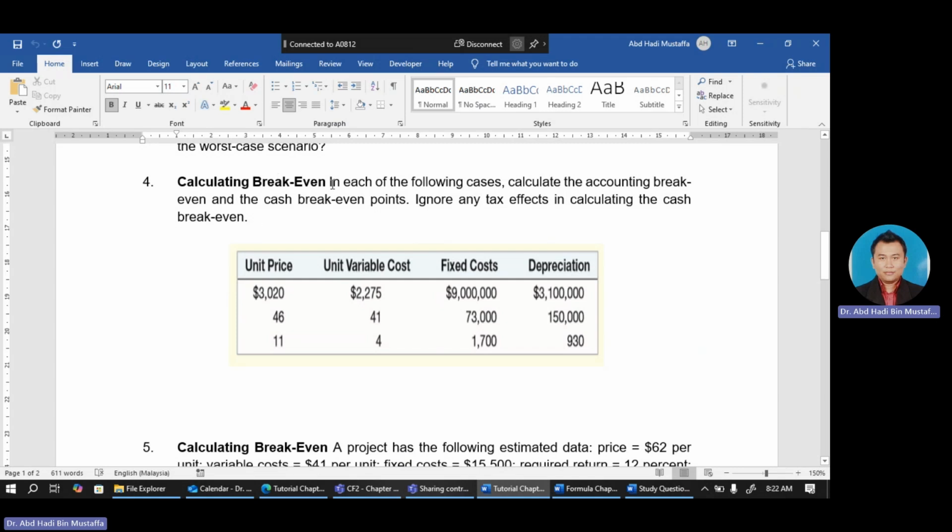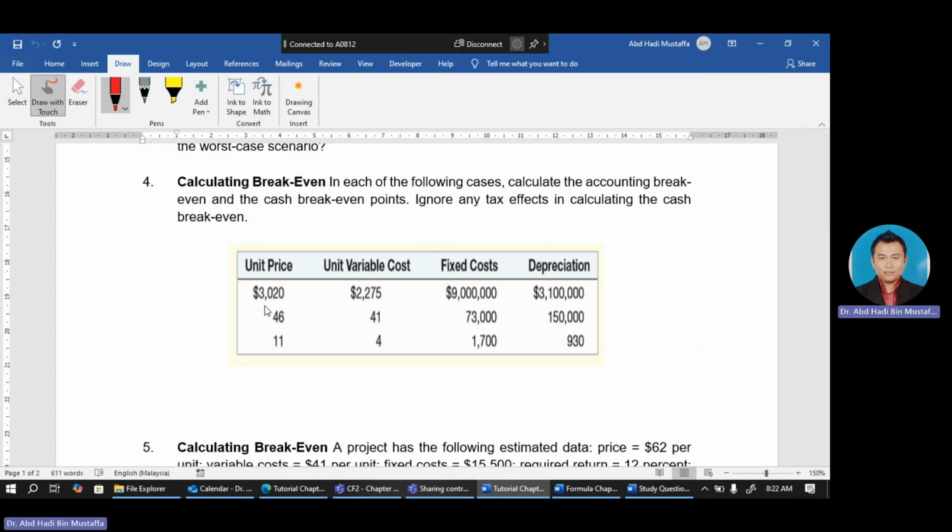Okay, calculating break even. In each of the following cases, that means they're given 3 cases. The first, second, and third. So you have to calculate 3 times. This one is one set, that one is another set, and that one is another set.